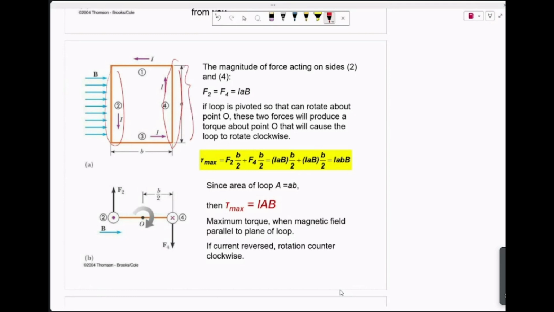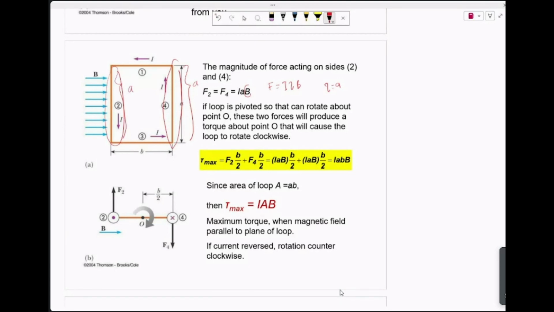A is the length, B is not this B, it is the magnetic field. So technically this is F equal to I L B. So this is I, L, where L equal to A, and then B is the magnetic field. Because the magnetic field is the same, current is the same, the length is also the same. This is A, this is also A. So for both of them the force is the same.